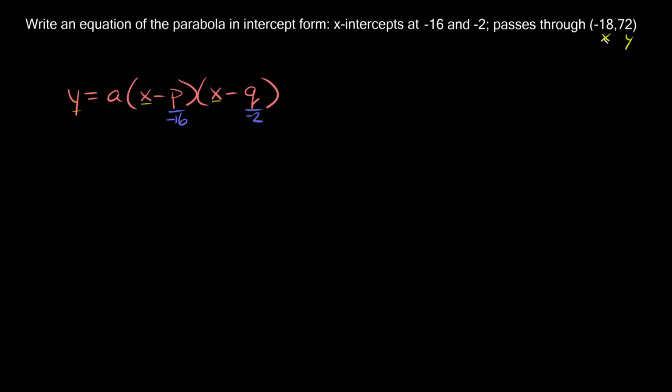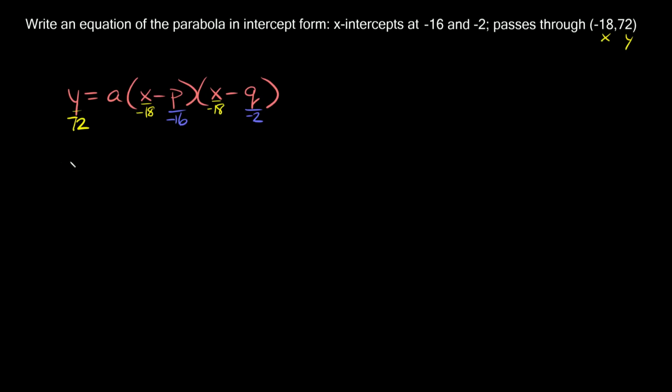All right, so the x coordinate is -18, so we're going to plug in a -18 there and there, from both of the x's. And then the y is 72, right? So as you can see, the only thing we don't have here is a number for a. So that's what we have to solve for. And we're going to do that by just plugging everything in and then solving for a at the very end.